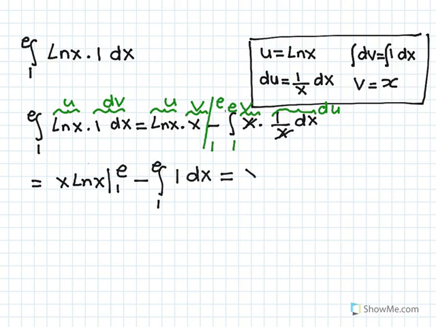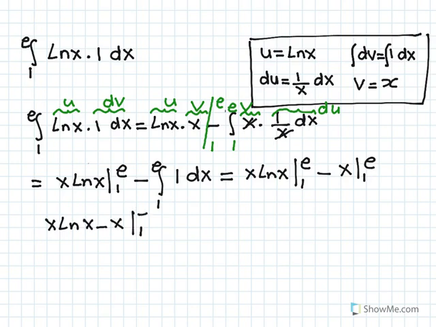So we get x log x from 1 to e, and the antiderivative of 1 is just x, minus x from 1 to e. Now it's easier just to write this as x log x minus x evaluated from 1 to e, rather than writing it as two pieces evaluated from 1 to e. This avoids making small arithmetic errors.